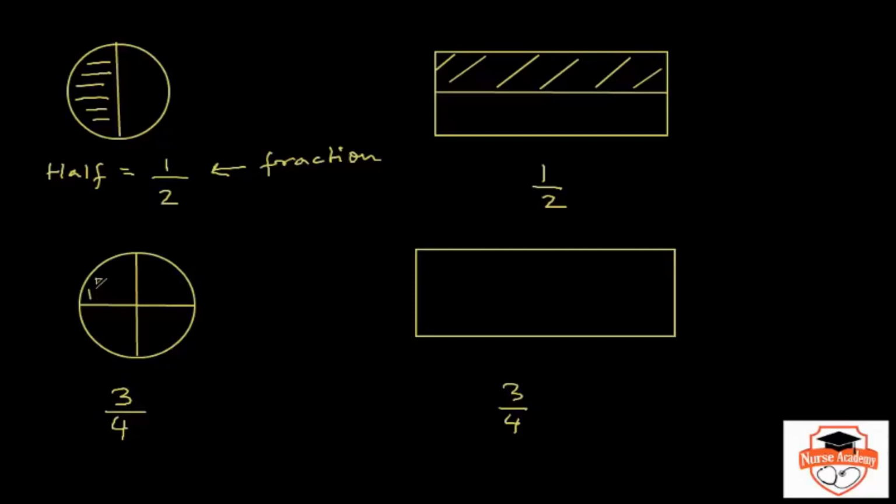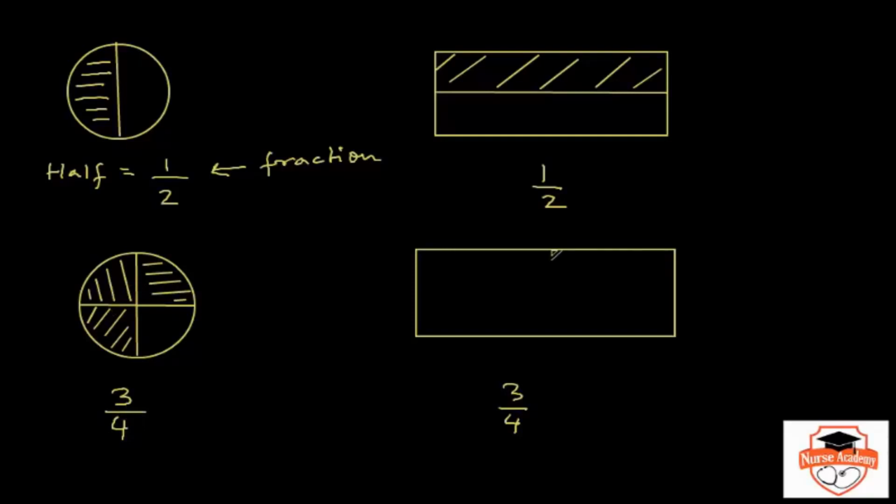You could pick any 3. I'm going to go for this and this and this. So we say 3/4 of this circle is shaded.